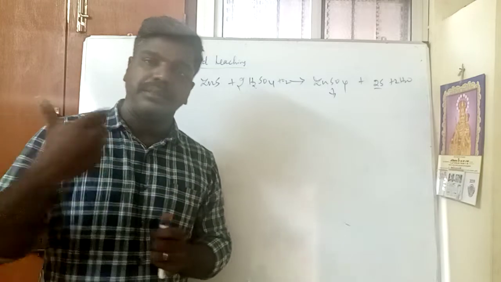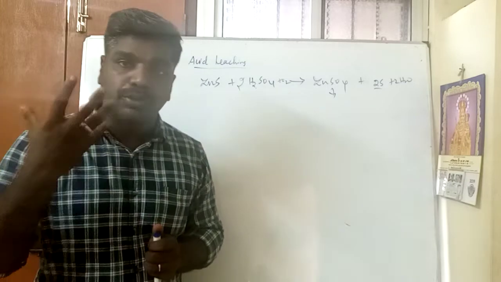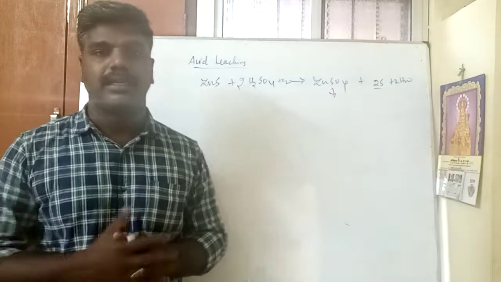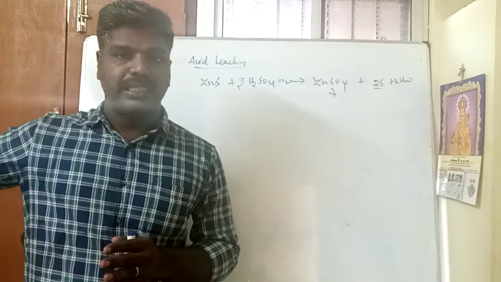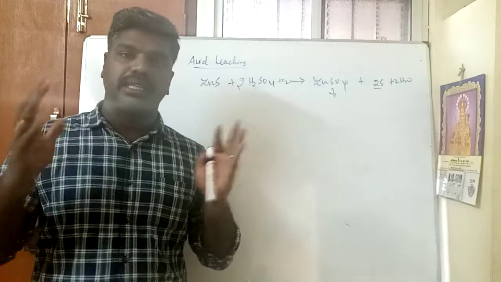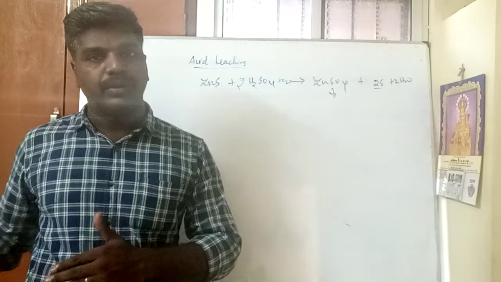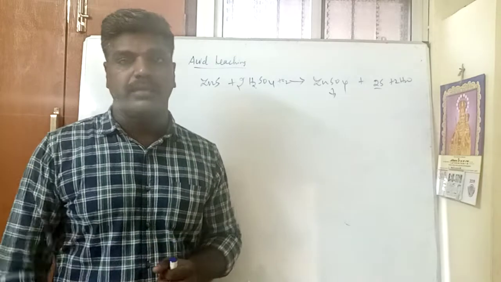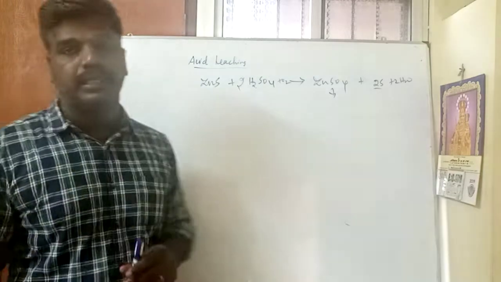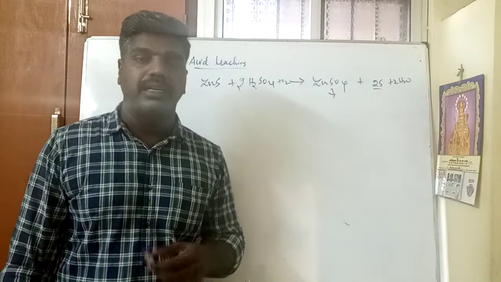The ore is mixed with the solvent, and it forms a soluble complex or salt. Impurities are insoluble and are separated by filtration. The soluble complex or salt is taken out separately, and from that we can easily regenerate the metal. This process is called as what? Leaching. Thank you, students. Let me continue in the next video.